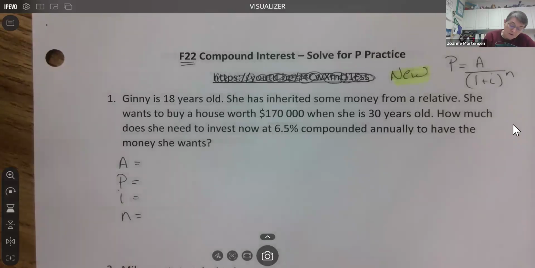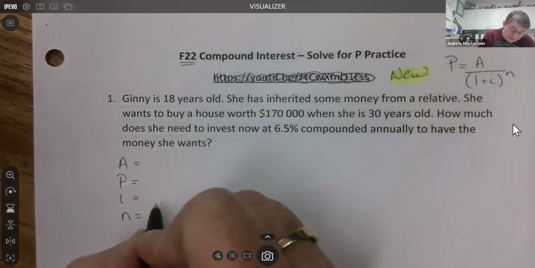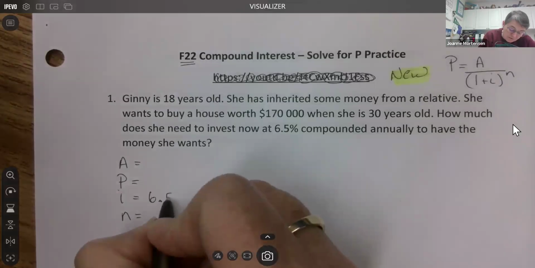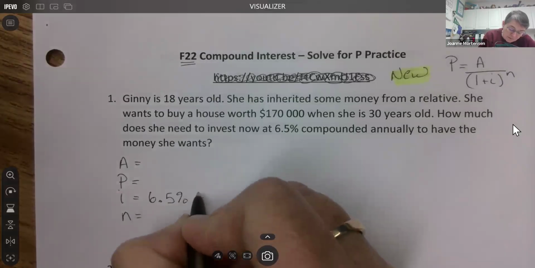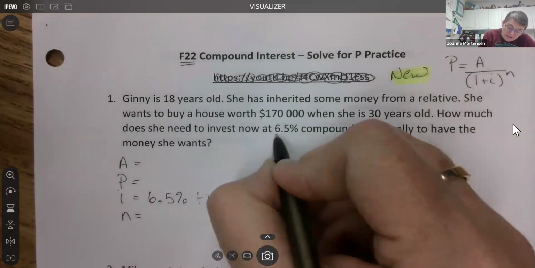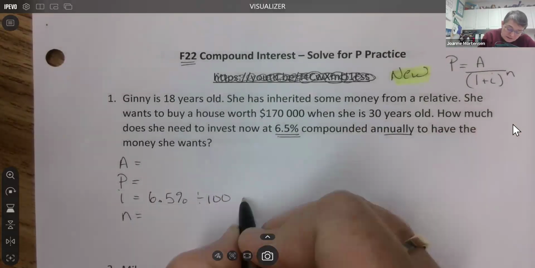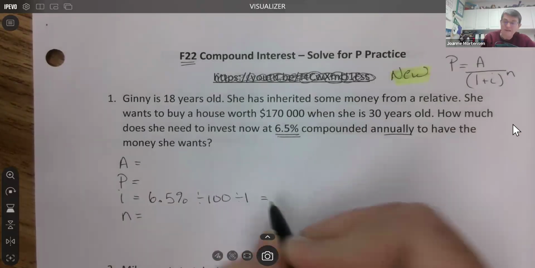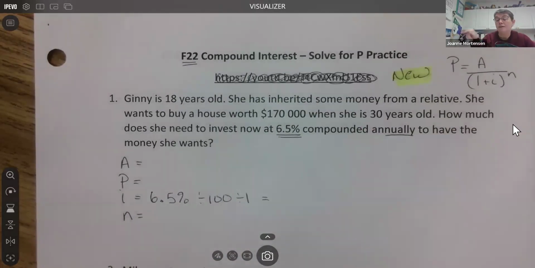So I'm going to do my interest first because it's the easiest one to find. 6.5% divided by 100. So there's my interest annually. Divided by 1. Now, I know, and you know, dividing by 1 doesn't mean anything.